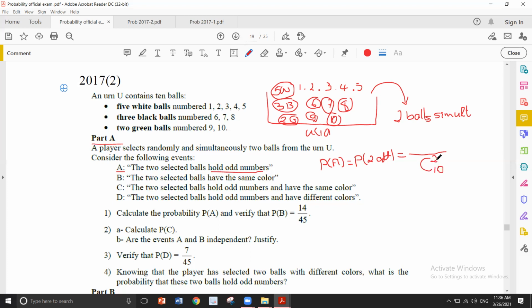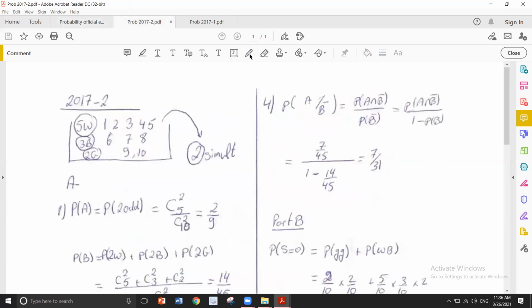How many odd do we have? 5. How to write it? C(5,2). So the probability of A equals the probability of 2 odd, which equals 2 over 9.